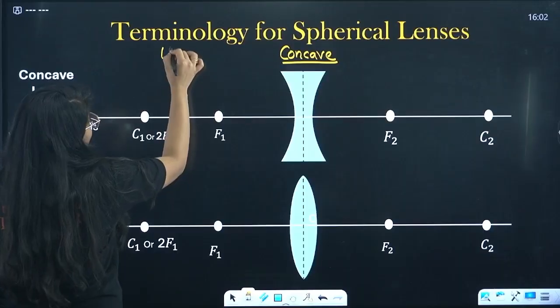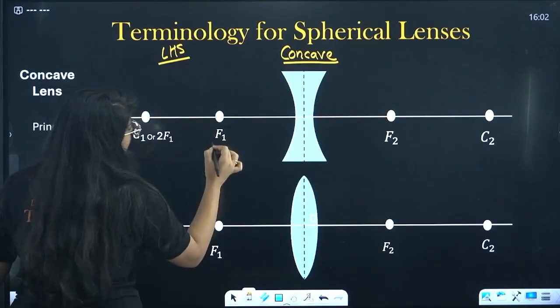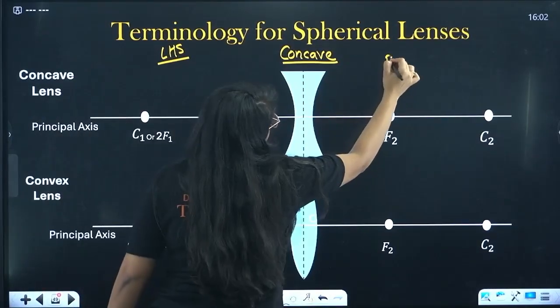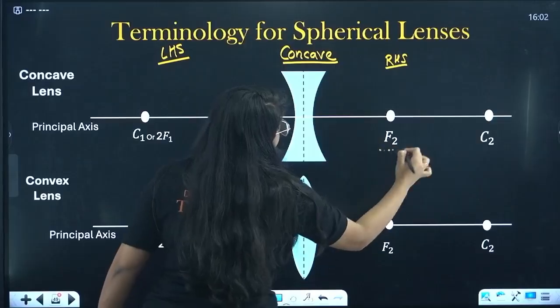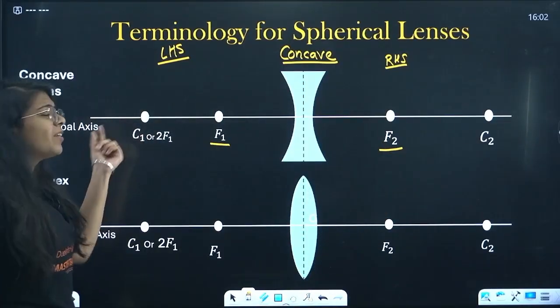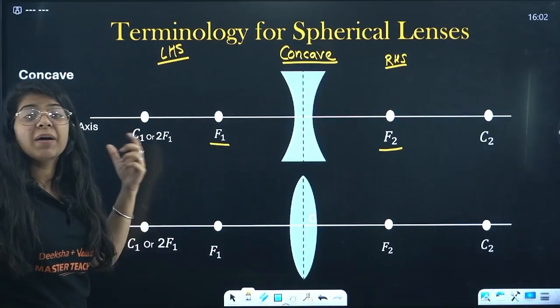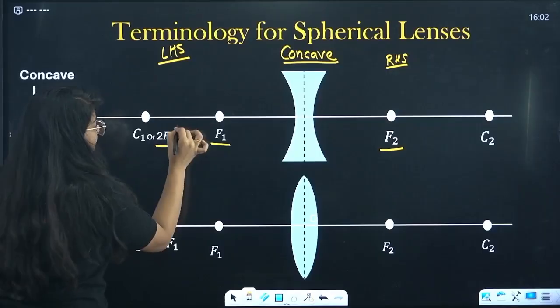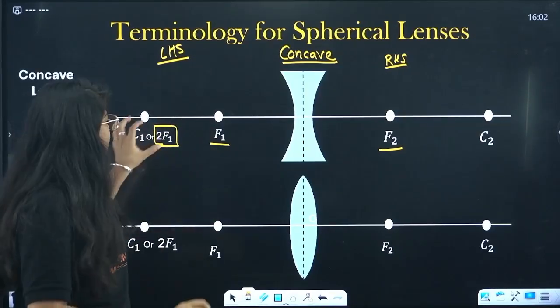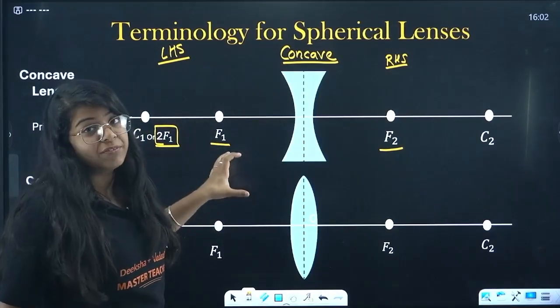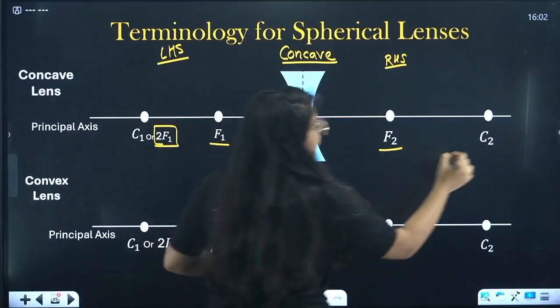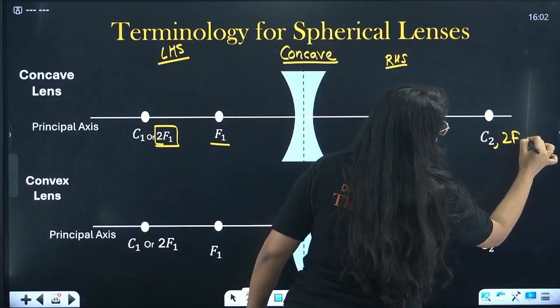On the left hand side, the focus is called F1. On the right hand side, beta, it is called F2. And here, we used to call it center of curvature, but now we call it 2F1. It is similar, double of this F1, but 2F1. And here it will be 2F2.